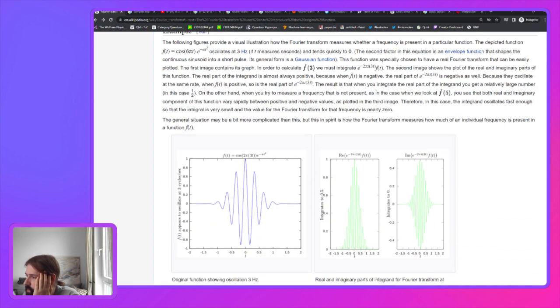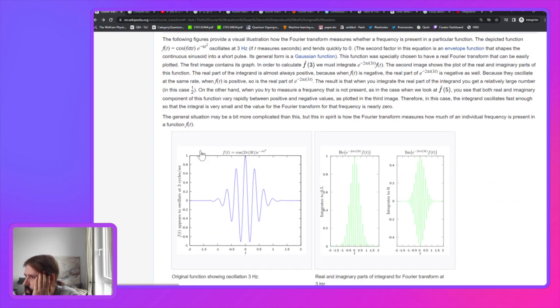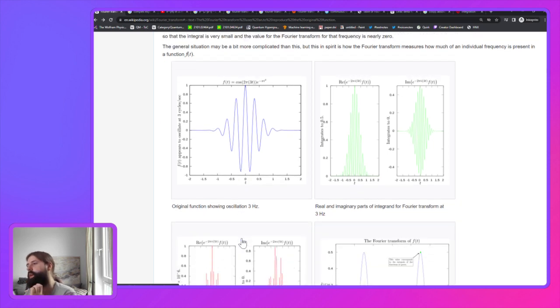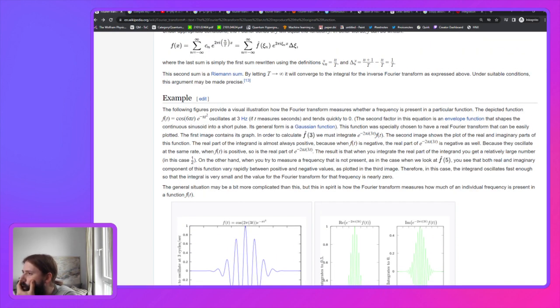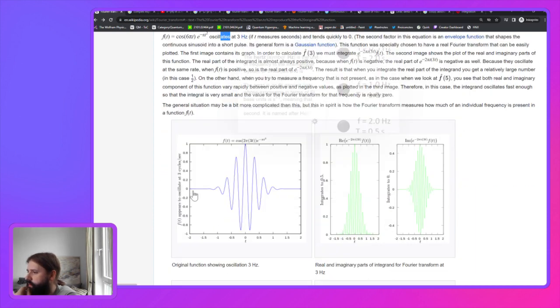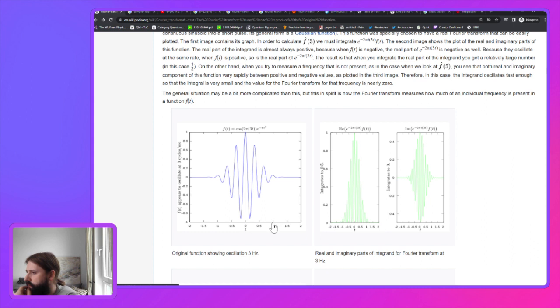In this case, it oscillates at 3 Hertz. So in 1 second, it does like 1, 2, yeah, kind of.